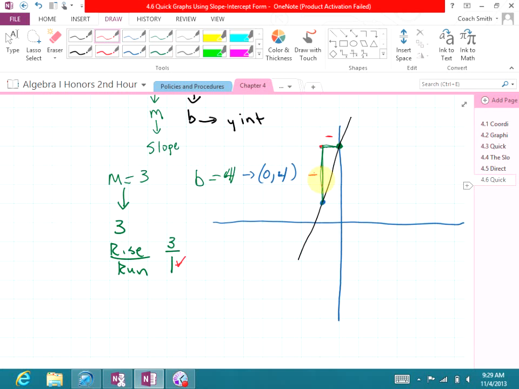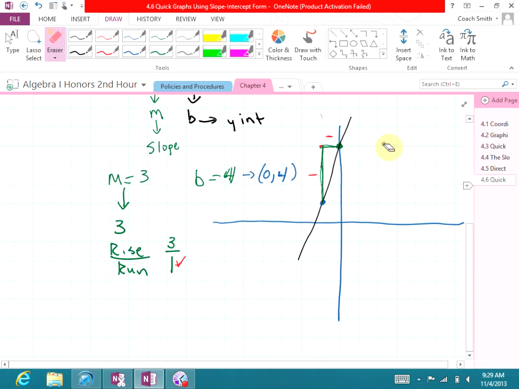A while ago when I did this right here, and we drew the line going this way, going to the right is positive, and going down is negative. So that represents a negative slope triangle. So we didn't want a negative, we wanted a positive.